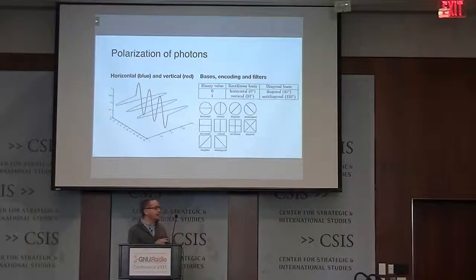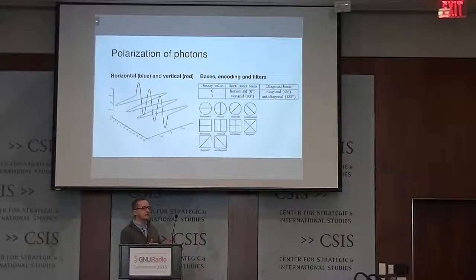We have the two bases and 4 encodings that I just described. The first circle is a horizontally polarized photon, it's a 0. Vertical polarization, it's a 1. Diagonal, it's a 0. Anti-diagonal, it's a 1.